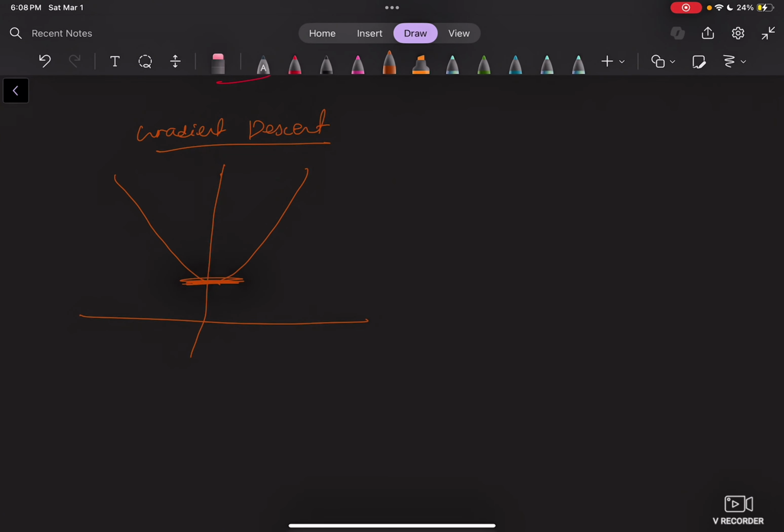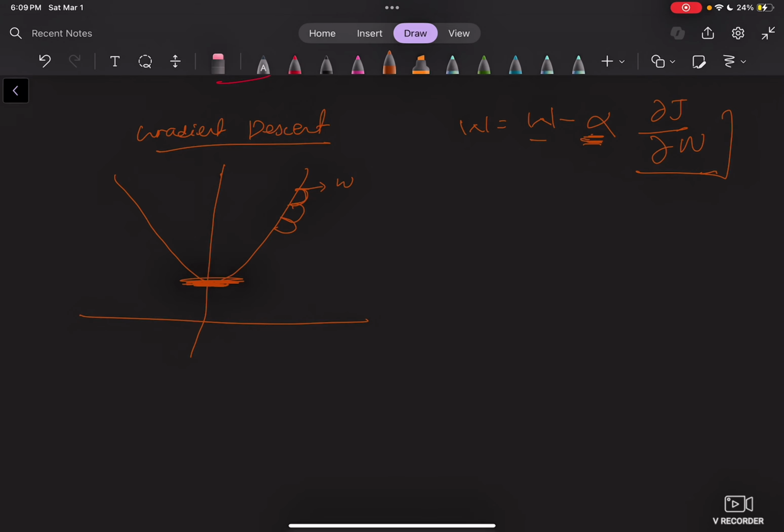Okay, so how do you start? You start with some random W, and then in the next iteration what you do is adjust your W with, this is your learning rate. Learning rate is how big of a step you're taking towards reaching the minimum. So what you do is this minus learning rate, and then you look at this, which tells us the direction of the steepest increase in loss, right?